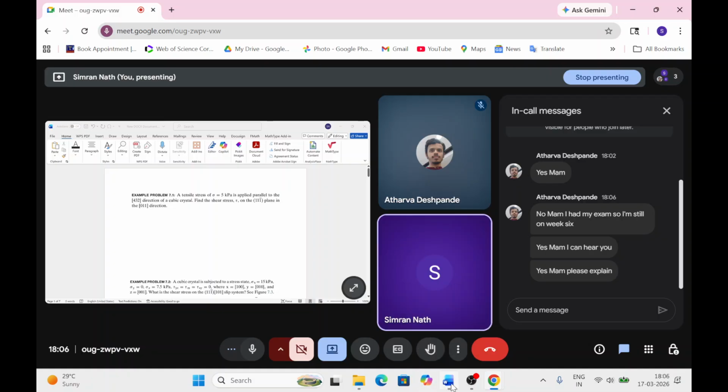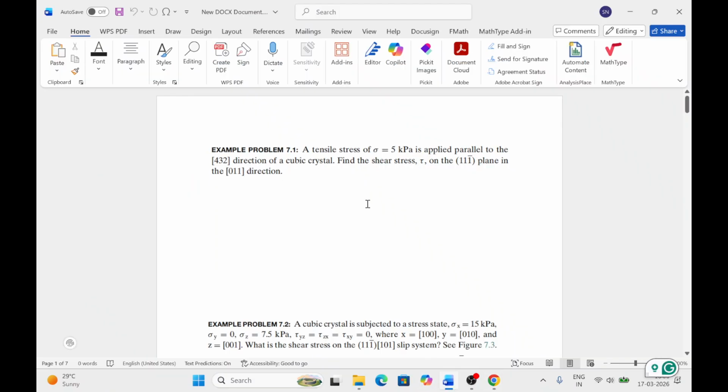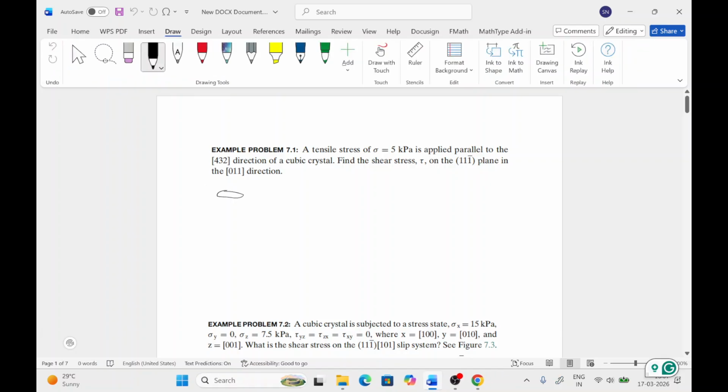In any crystal or material, we have some specific slip planes or slip directions in which we have the resolved shear stress required to slip in that direction.